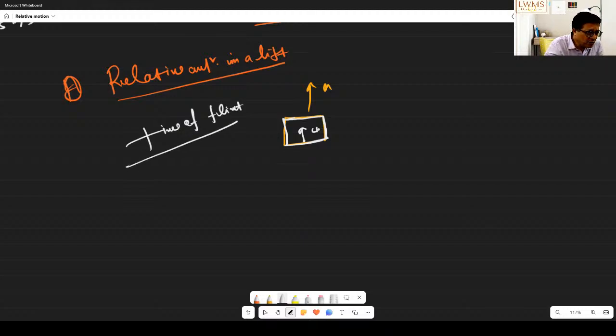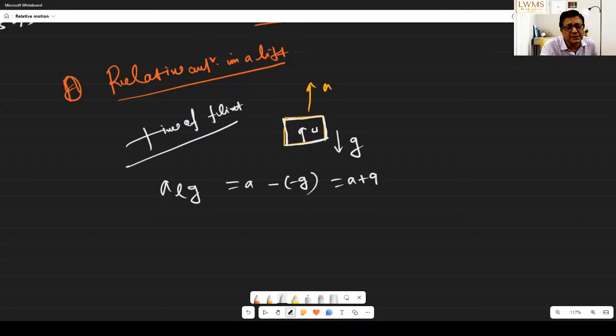This problem we can solve with the help of relative acceleration. What is the relative acceleration here? Acceleration of the lift with respect to the ground will be what? Gravitational acceleration is acting downward, so this will be a plus g.